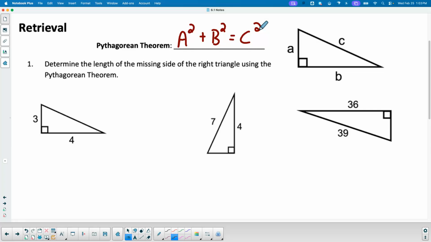Thing number 2 is a and b are interchangeable, and they're what are called the legs of the right triangle. It doesn't matter which one you put as A, which one you put as B. Your neighbor might put the opposite ones as A and B, and that's fine too. The third thing is that C here is the hypotenuse.